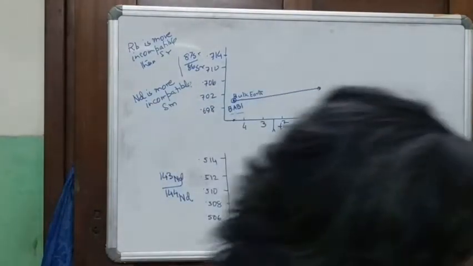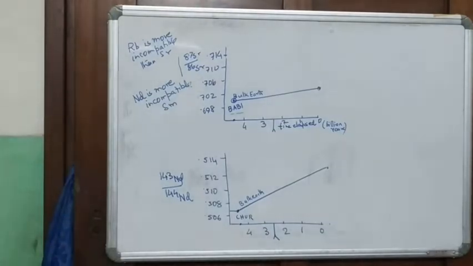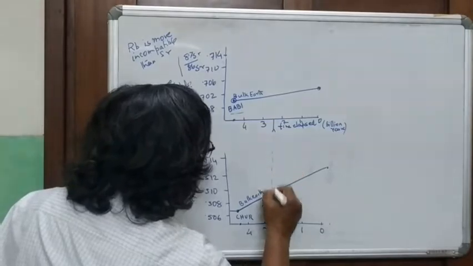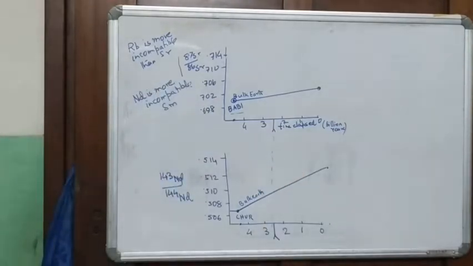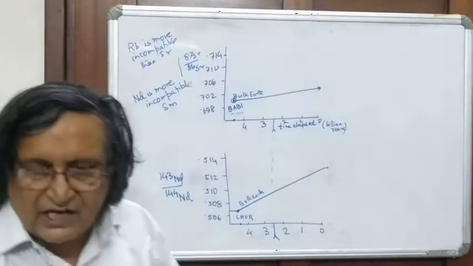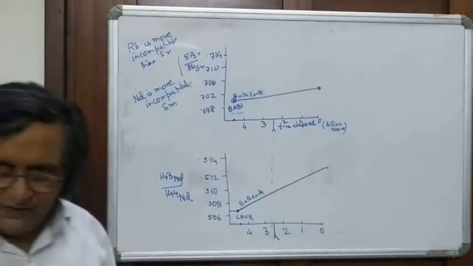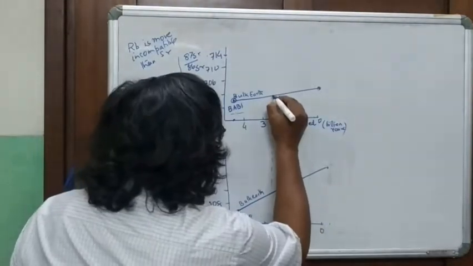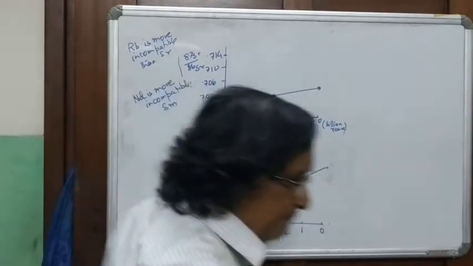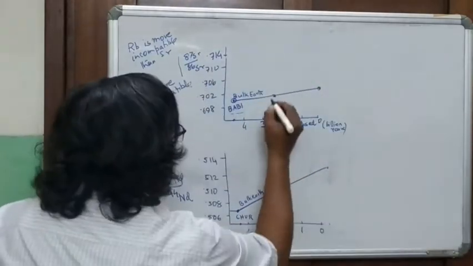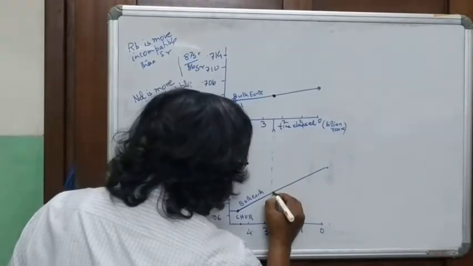Now what happens? Let's say, at 2.55 billion years, there had been a cataclysmic melting event. So what happens at this point on the graphs?